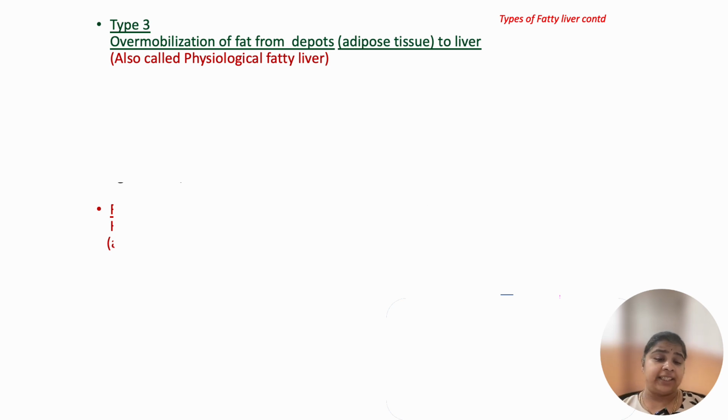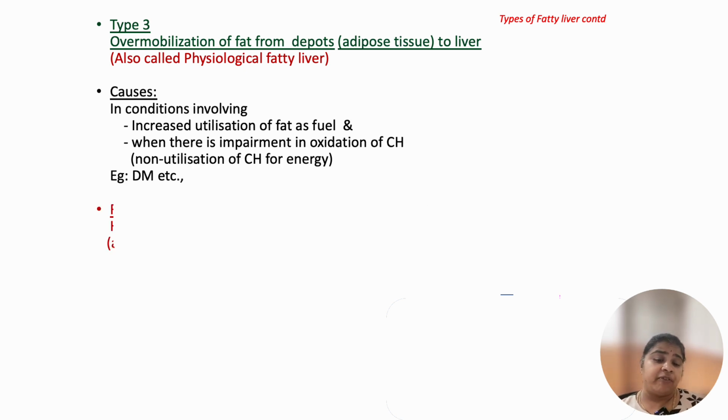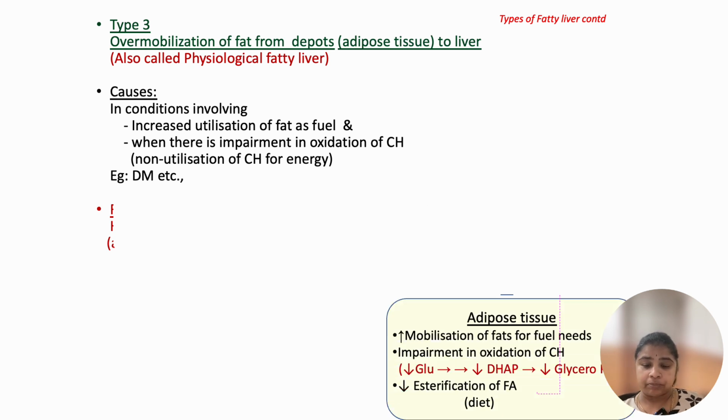Type 3 is overmobilization of fat from adipose tissue to liver. This is also called physiological fatty liver. Whenever there is increased utilization of fats as fuel and non-utilization of carbohydrate, for example as we have seen in diabetes mellitus, there is increased mobilization of fats and impaired oxidation of carbohydrates.